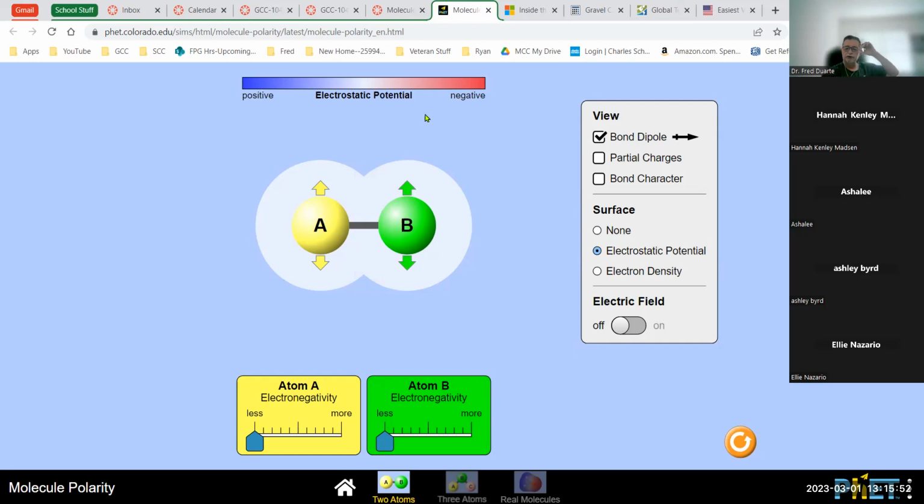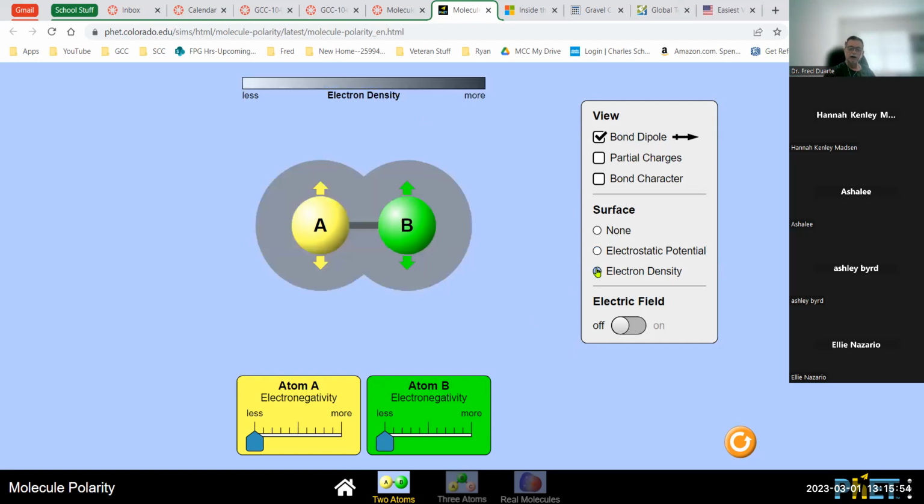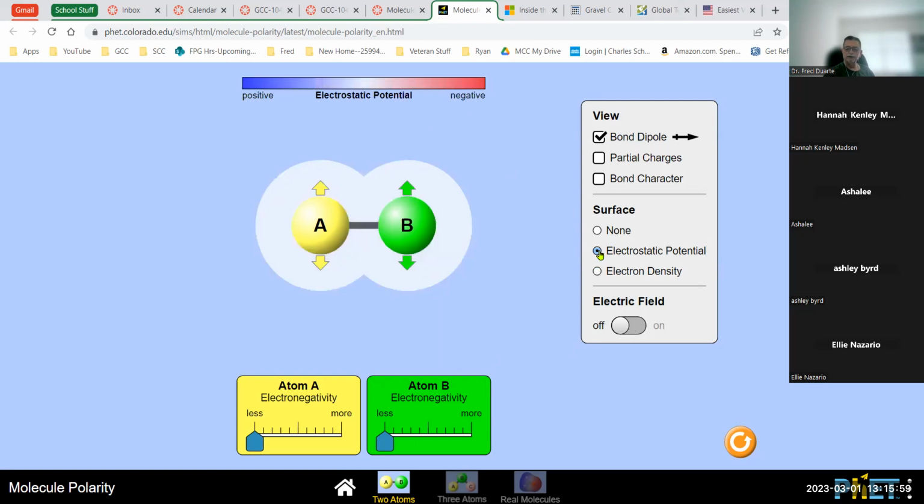Now, you can also do it in grayscale. That's okay. I kind of like the color. It's a little bit more descriptive. So the darker the red, the more electronegativity, okay? The darker the red, the more electronegativity for that atom, and the more electron density around it because it's pulling electrons toward it.